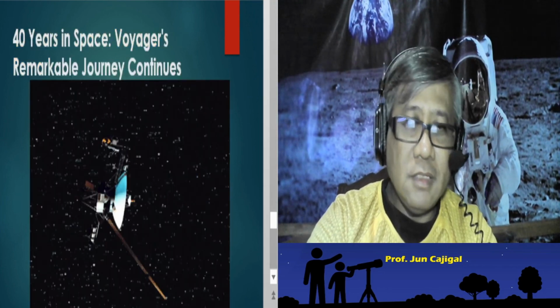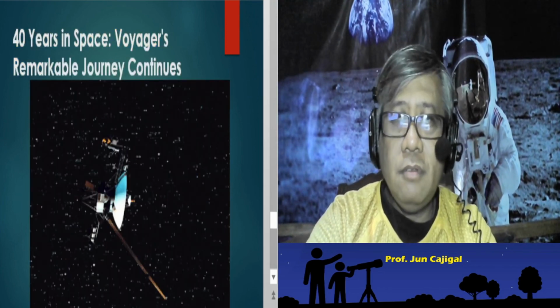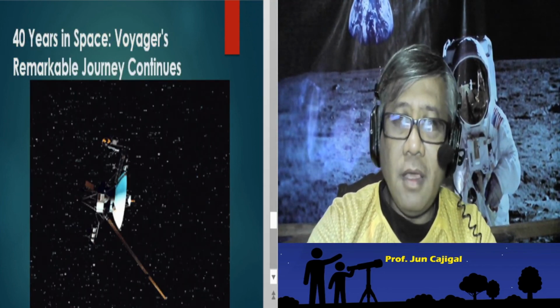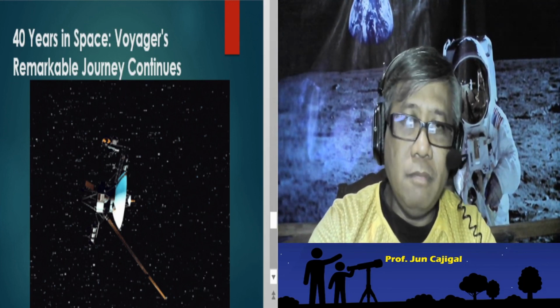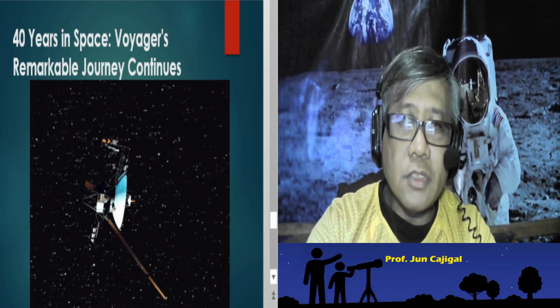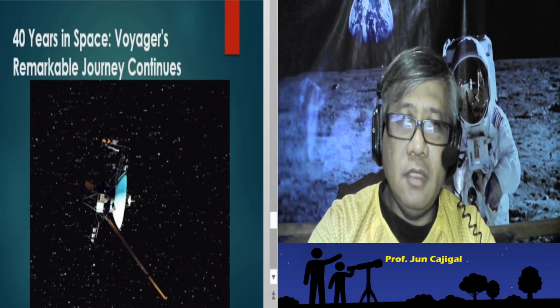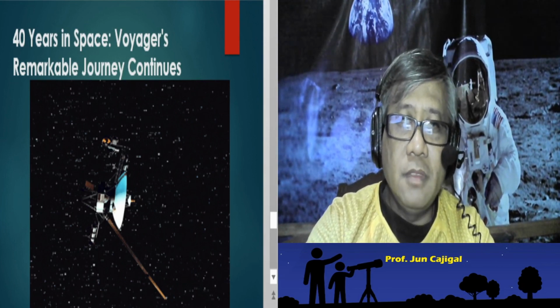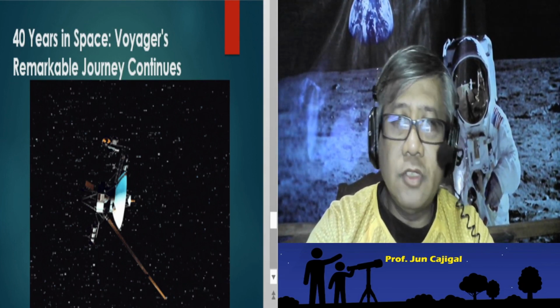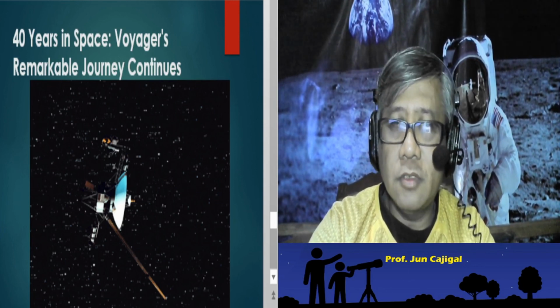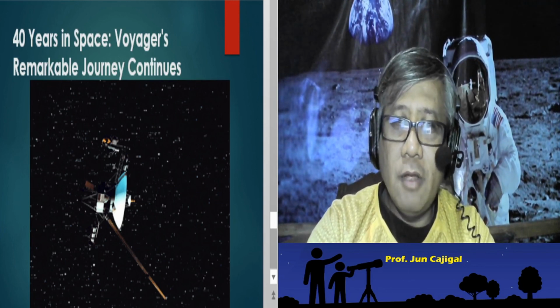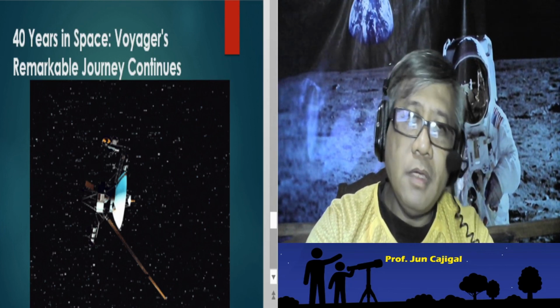Alright, my dear netizens, ladies and gentlemen. So, habang wala pa tayong nakikitang mga aliens or alien life forms, we still continue the search for intelligent life. Okay? Now, I'm sure you're familiar with the Voyager space probe. There are 2 Voyager space probes, and they are now out in deep space.